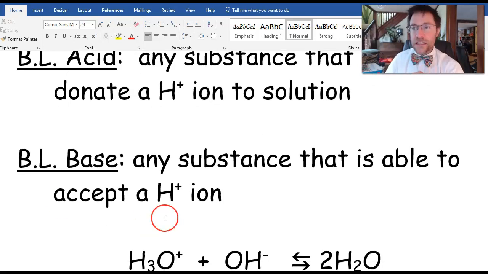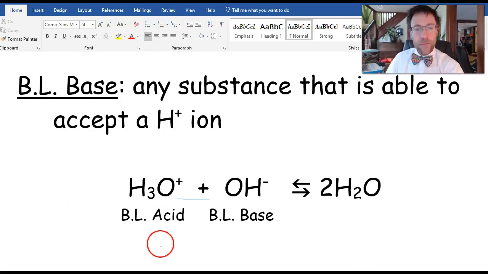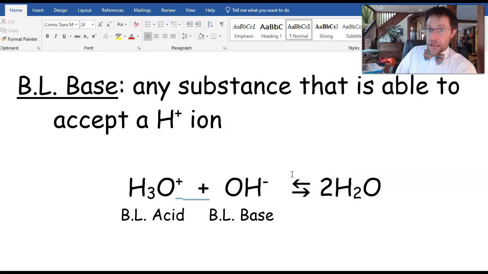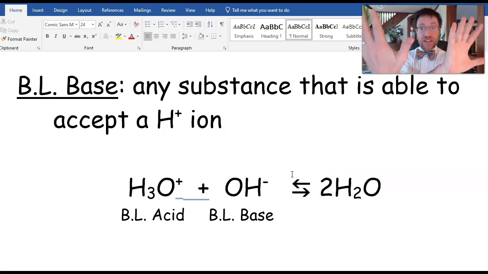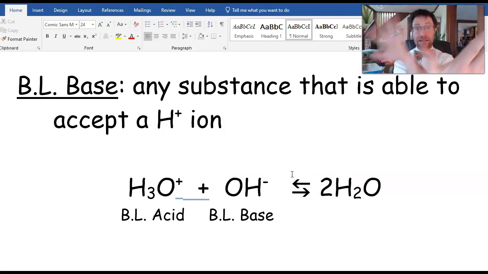All right, so let's look at this little sample that we got right here. This is the equilibrium thing. Now look, I wrote it backwards, because I can. Any reversible reaction can be written this way or it can be written that way. It doesn't matter. It's all the same reaction. It's just a matter of how you happen to write it.